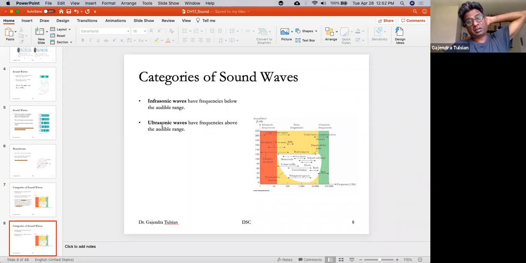Bats and dolphins use ultrasonic waves for echolocation. Large animals like elephants use infrasonic waves because infrasonic waves travel further and they're able to communicate over larger distances. Whales use infrasonic waves as well.